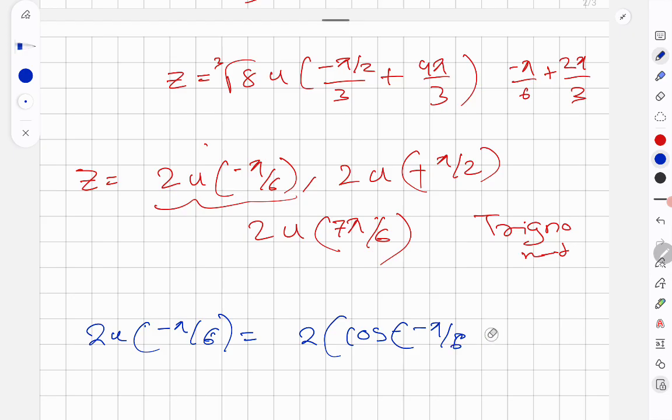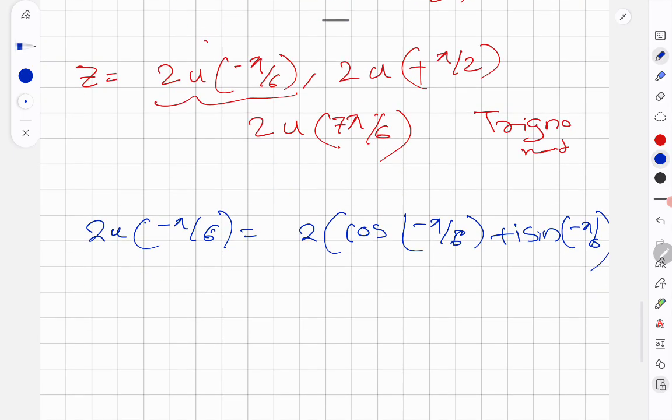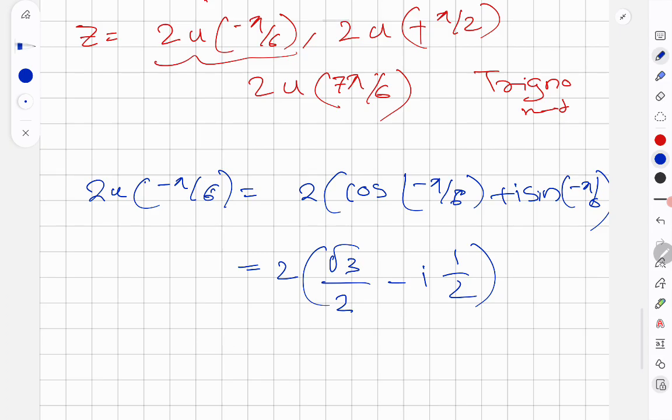For the algebraic form, you can convert it easily from here to there. Plus i sine minus pi by 6. So if you put the values, this is 2 times root 3 over 2 minus i times 1 upon 2. So if you multiply everything, you get root 3 minus i.